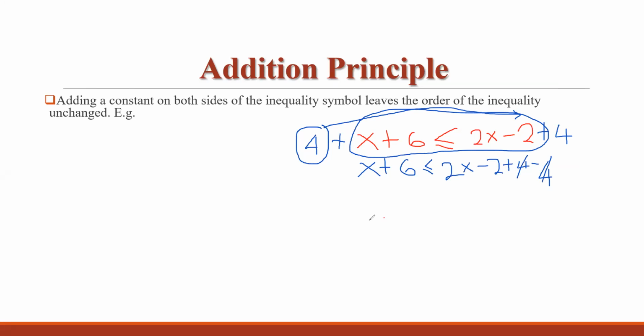If I have x greater than y, this is an inequality. If I add a constant here, for example 1, I'm going to get x plus 1 greater than y plus 1.